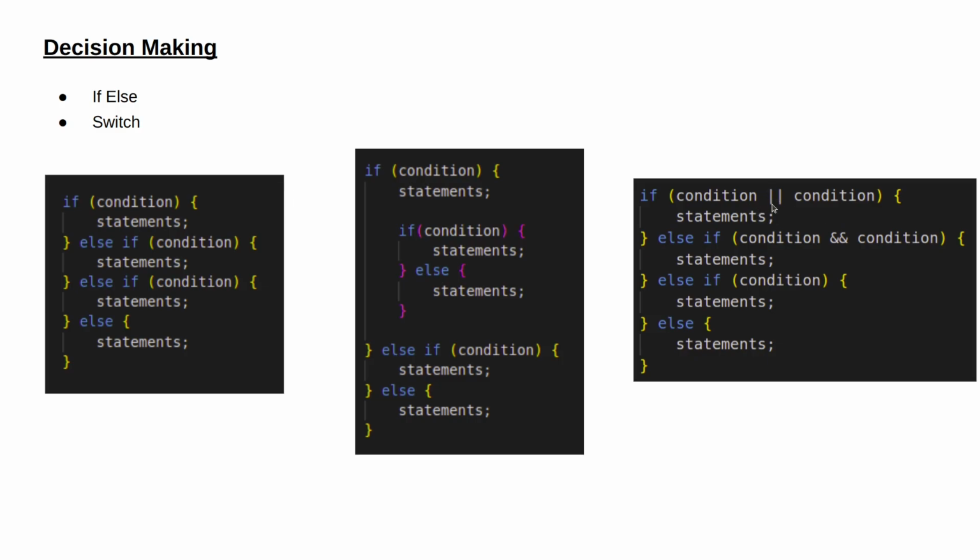We'll try to understand what these symbols are. This is the logical representation of OR, and this is the logical representation of AND. To understand OR and AND we need a little bit of knowledge of Boolean algebra. To learn C or any programming language, these three are mostly enough for us.